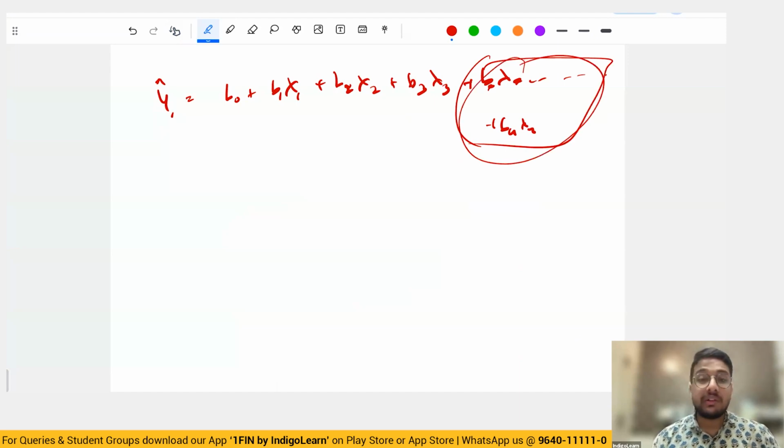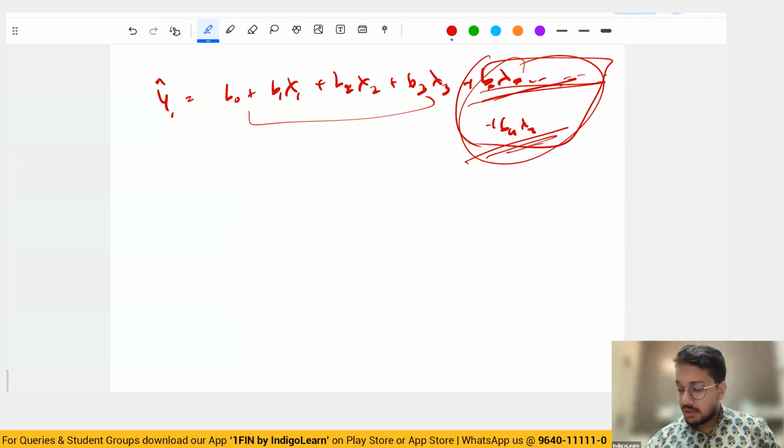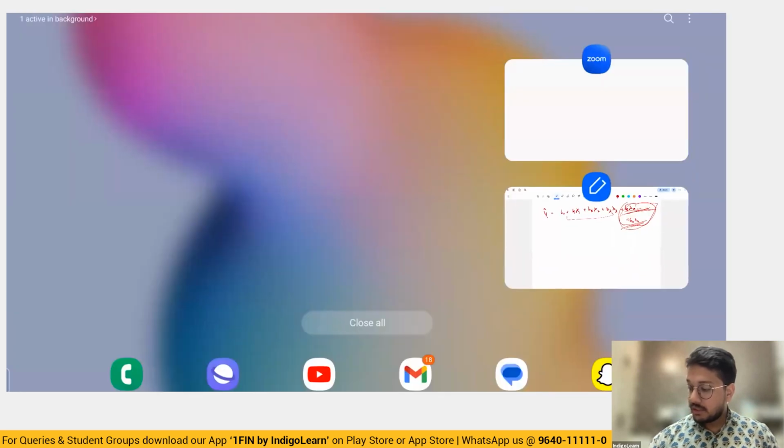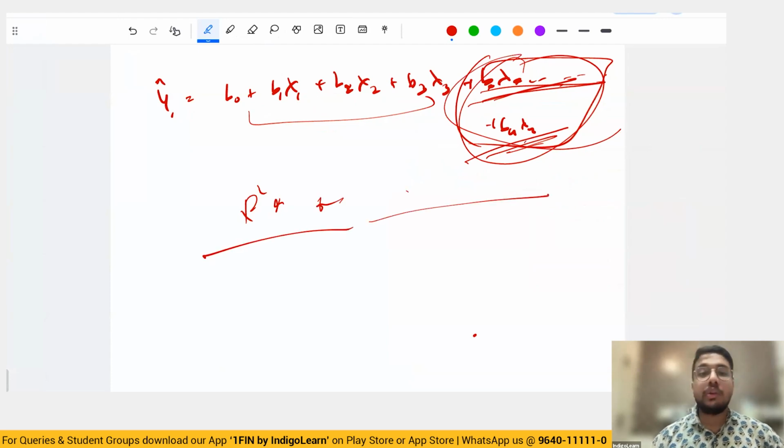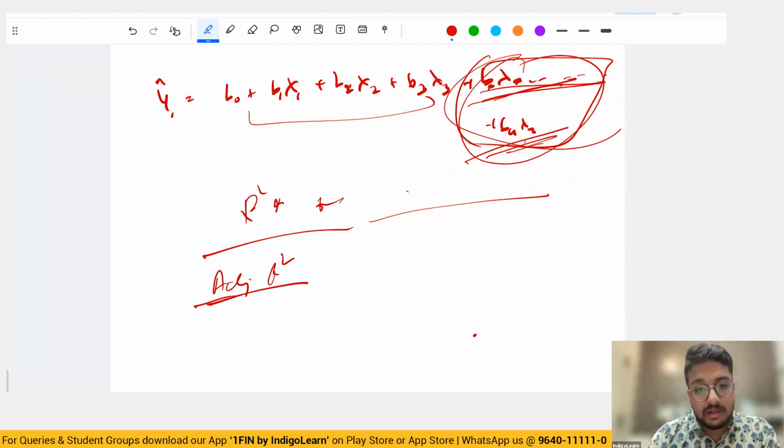This part might not be relevant to me, or the explanation of the variation being done by this part is already being captured by this. But since my R square kept increasing as I included these variables, I kept increasing the number of variables. So in order to remove such a situation, I use something which is called adjusted R square.